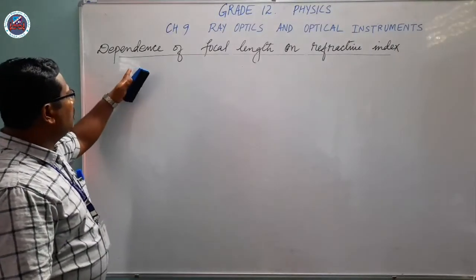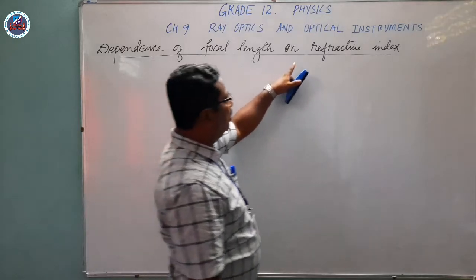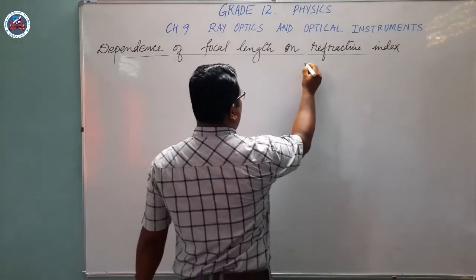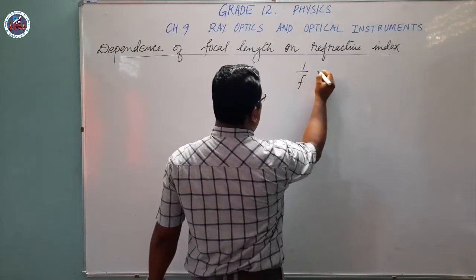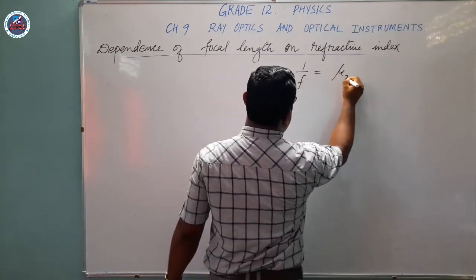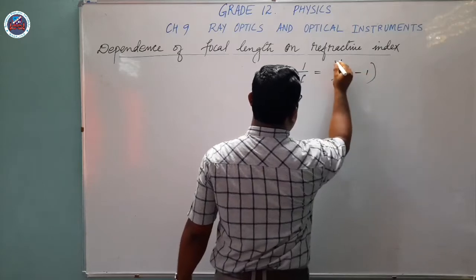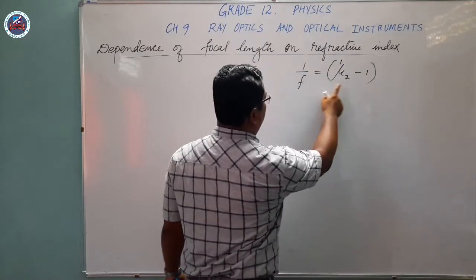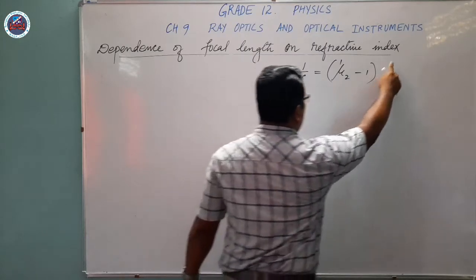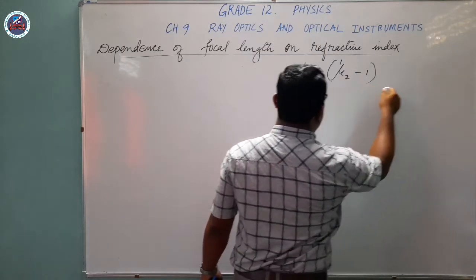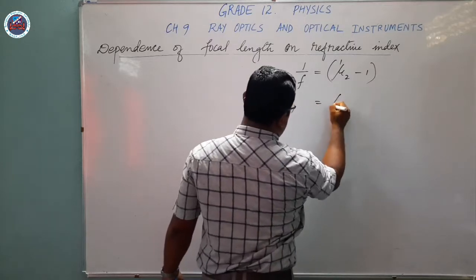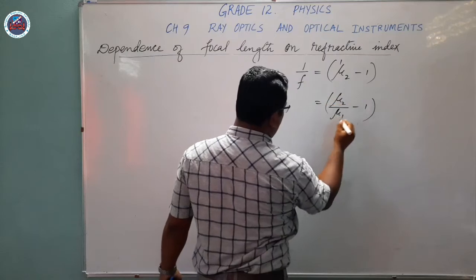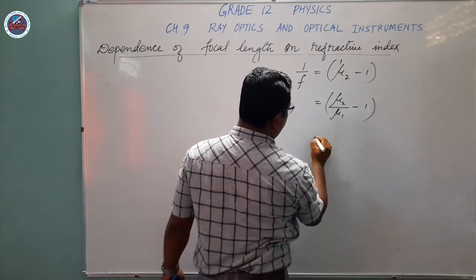Now let us discuss the dependence of focal length on refractive index. In our earlier discussion, in Lensmakers formula, 1 by f is equal to refractive index of second medium with respect to first minus 1. When we are talking about focal length and refractive index, you have to concentrate here. Forget about the radius of curvature. Suppose this is the refractive index of glass, this is water, this is air.